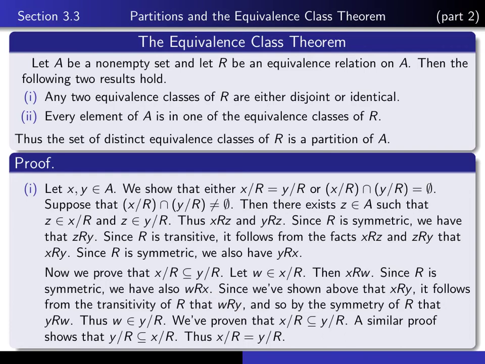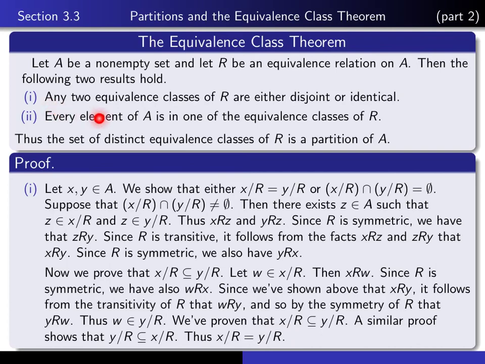And by symmetry, again, Y must be related to W. That's exactly what it means to say that W lies in the equivalence class of Y. So we started by giving ourselves a W in the equivalence class of X, and we proved that it was in the equivalence class of Y. That means that we have this inclusion. A similar proof will show the reverse inclusion. I won't include it because it's very similar to the above argument. And so we've proven the first part of the theorem. The two equivalence classes are identical if they have anything in common at all.